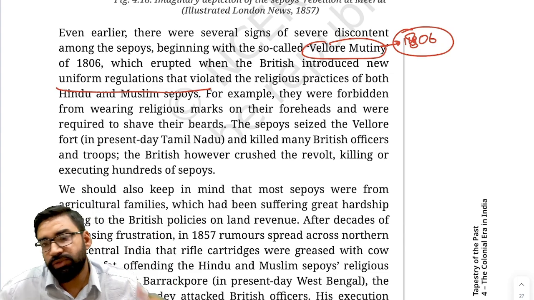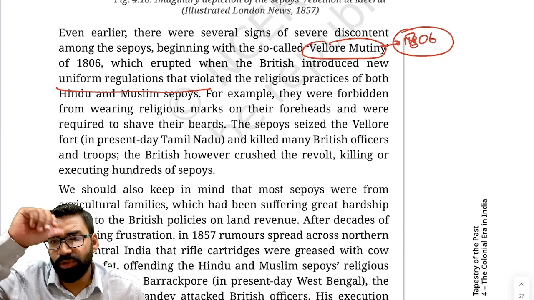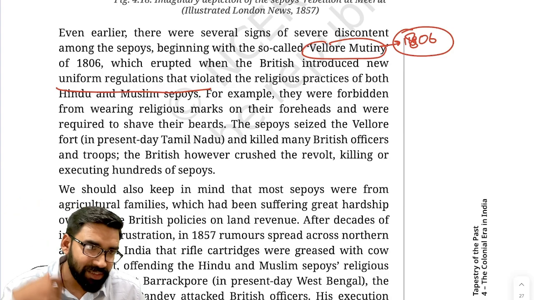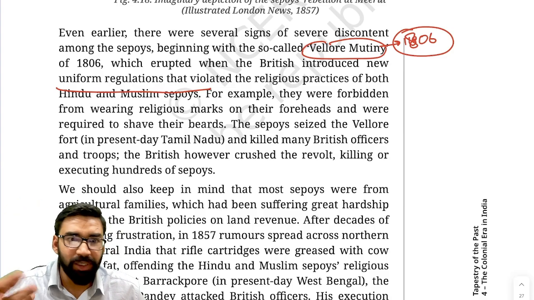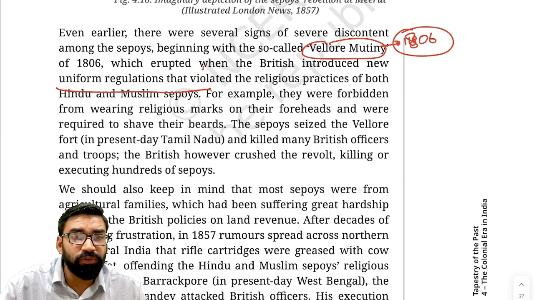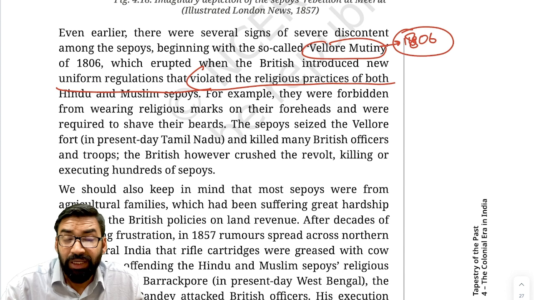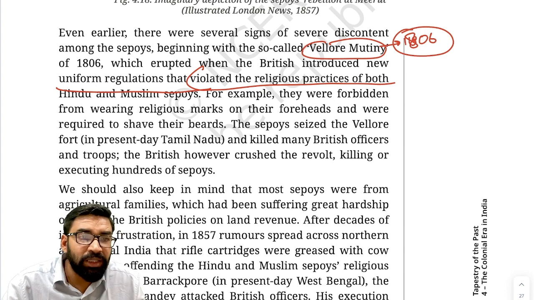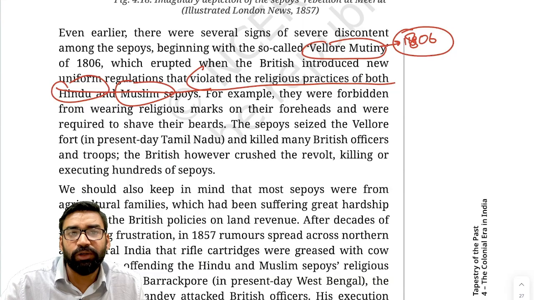Clear? Earlier, what used to happen in the army? Hindus used to put tilak, used to wear their dress. Muslims used to have their beard. But in Vellore, why the Vellore Mutiny? Because the Britishers brought a uniform regulation that violated and stopped the religious practices in the army, so that Hindus cannot show their symbols, Muslims also cannot show their symbols.